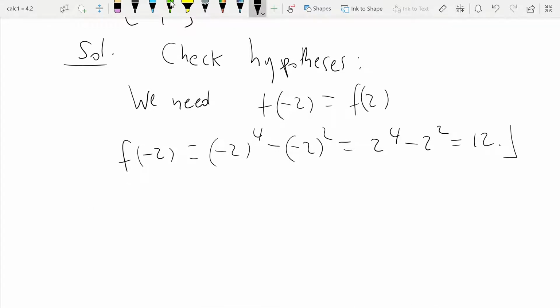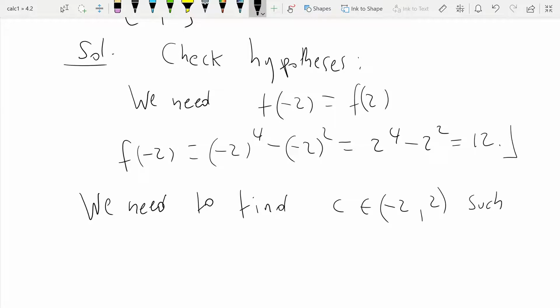Okay, so now we need to find, so verifying means that we need to find c in between minus 2 and 2 such that f prime at c is equal to 0.